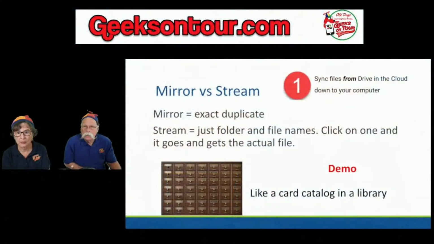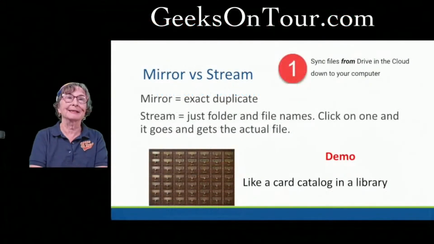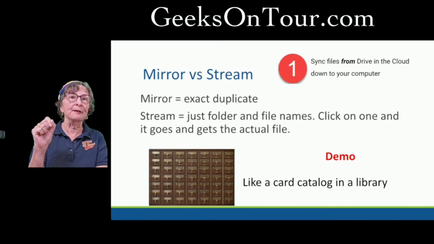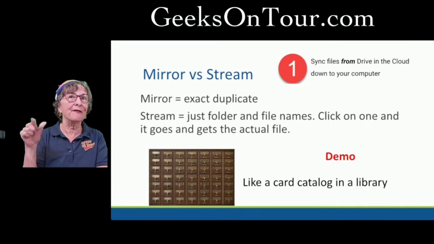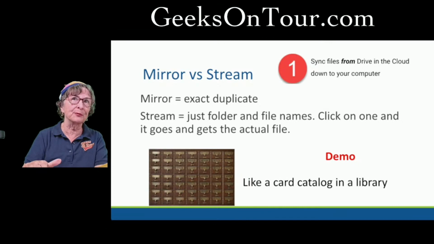All right. Okay. Couple more slides. Mirror versus stream. First of all, these are weird words, I think. Took me quite a while to figure out what they mean, but they only refer to that first use of Drive for desktop, the downloading from Drive to your computer and then keeping them in sync.